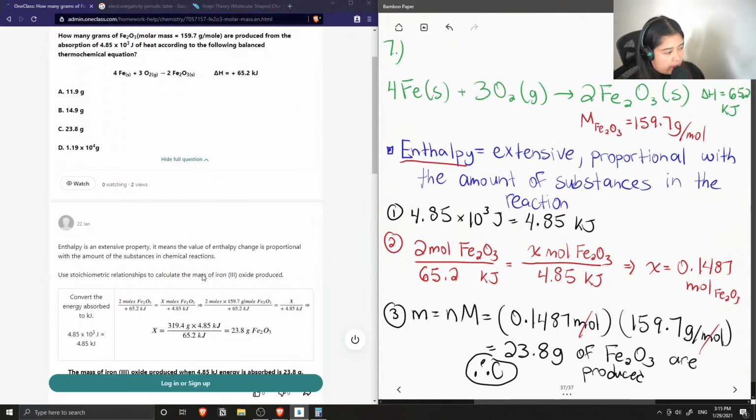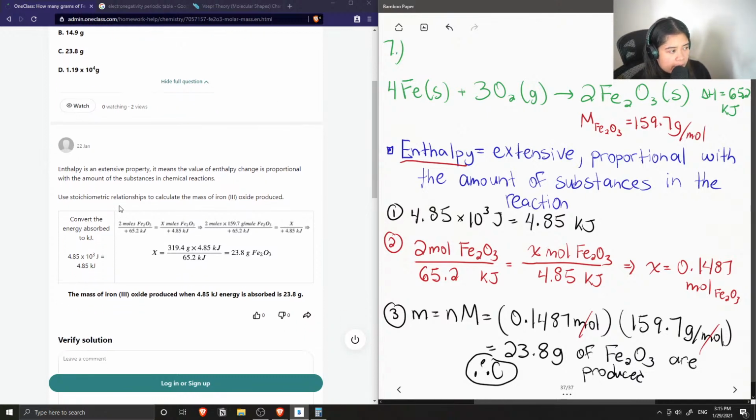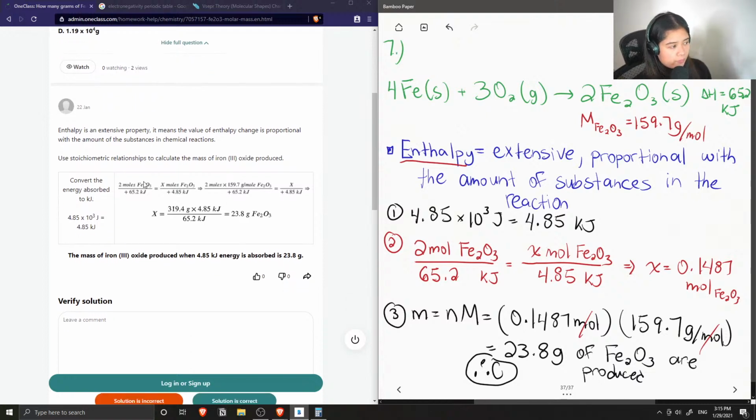And the junior tutor said that enthalpy is an extensive property. It means that the value of enthalpy change is proportional with the amount of substances in chemical reactions. Use stoichiometric relationships to calculate the mass of iron 3 oxide produced. So they showed it in just one line. They have that 2 moles of iron 3 oxide are produced when 65.2 kilojoules of heat is absorbed.